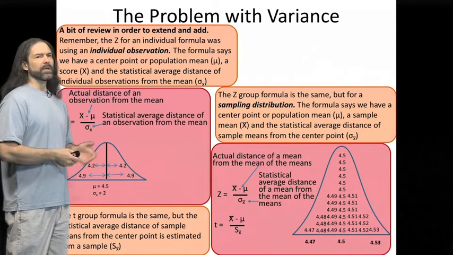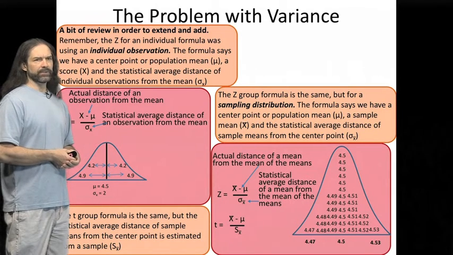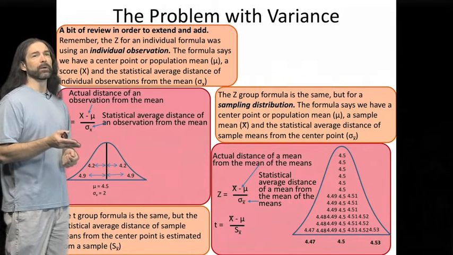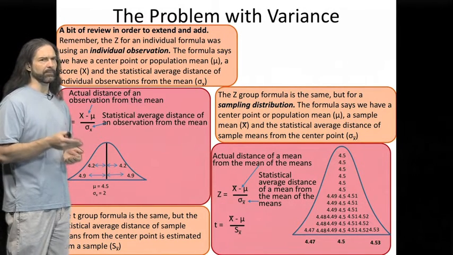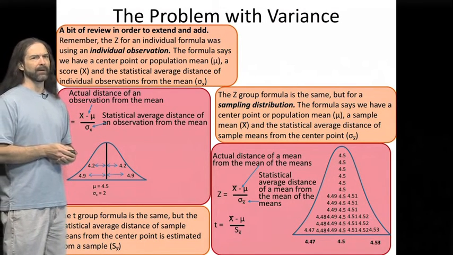So instead of sigma sub x bar, we have capital S sub x bar, which indicates that it's an estimate. Because it's an estimate, we lose a little bit of confidence, so we also lose a degree of freedom, and our critical value goes up from plus and minus 1.96, which would be for an infinitely large sample, to a larger and larger value depending on the size of the sample that we have.